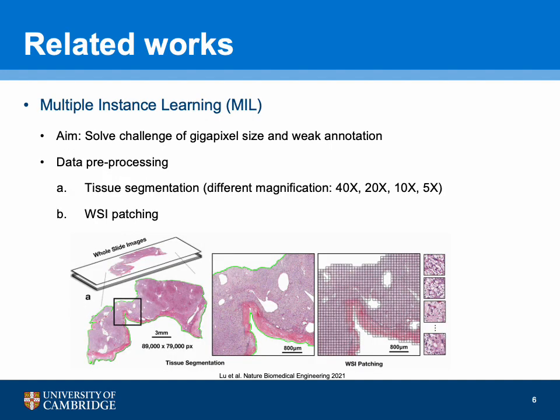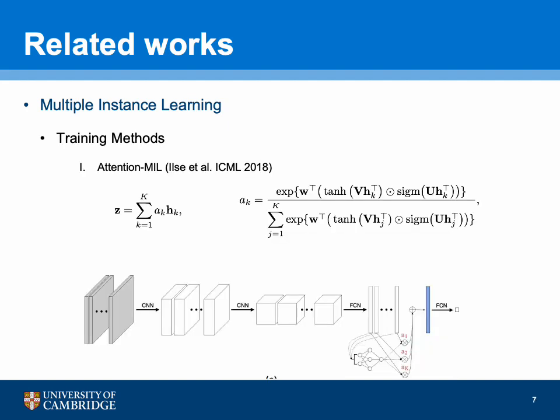For large WSI size and weak annotation, we can apply multiple instance learning here. However, before multiple instance learning, we need to do data pre-processing. For example, we can segment tissue at different magnifications, and we split many patches from the WSI so that each patch can be used for deep learning training.